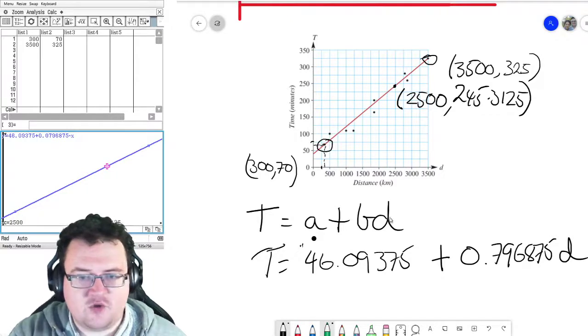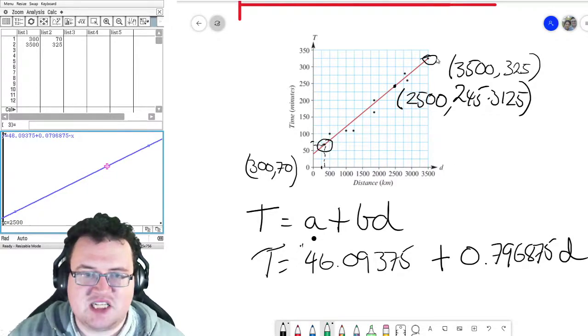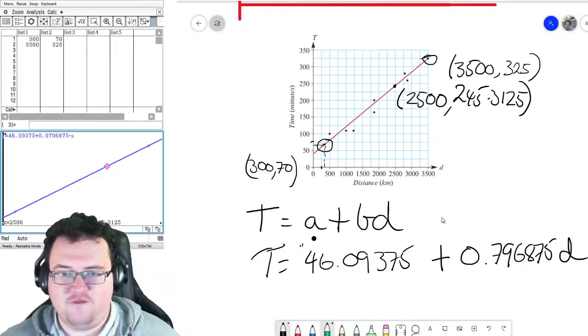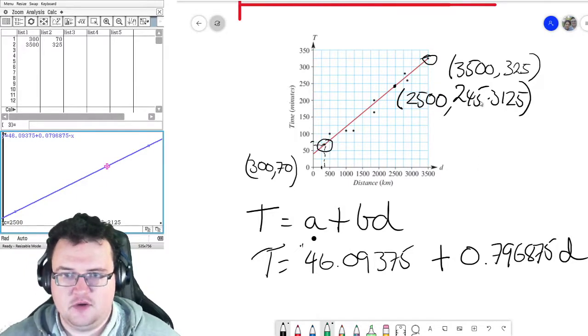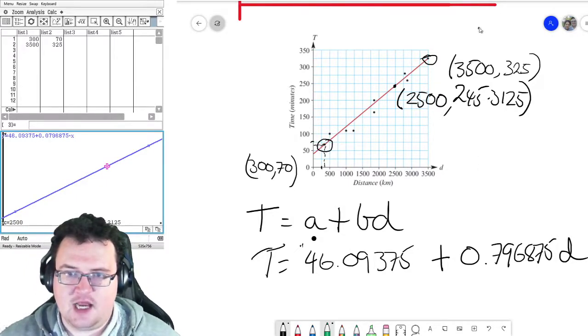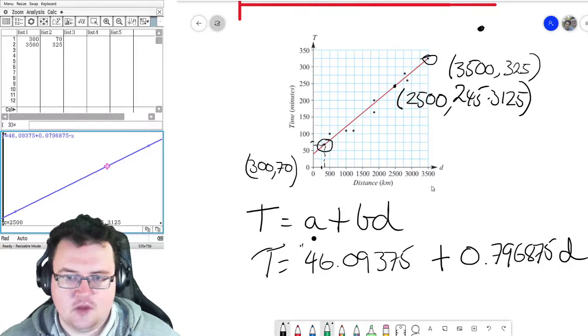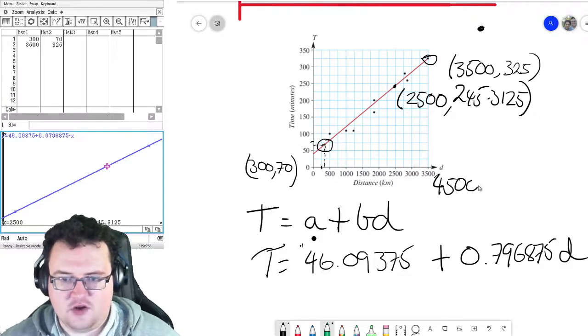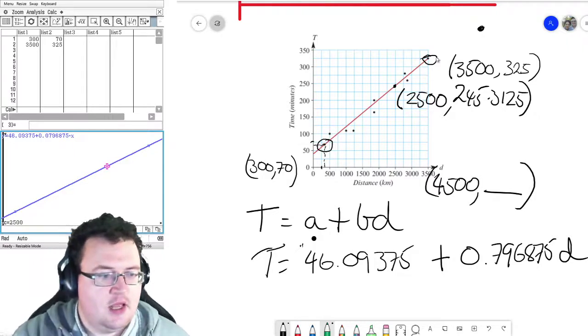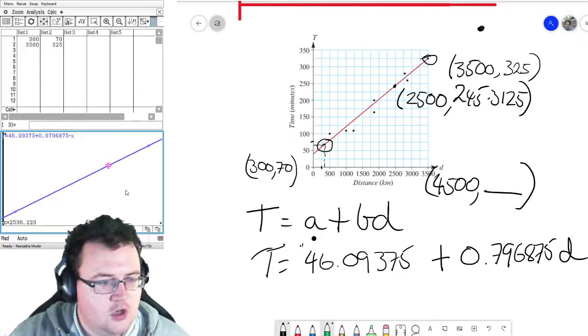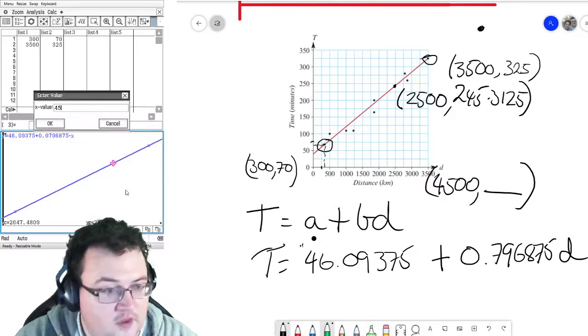All right, and then the next question is, what if we extend this graph further and we go to 4,500? So it's going to end up up here somewhere. What's that one going to be? Going back to our CAS, we're going to move along to 4,500.